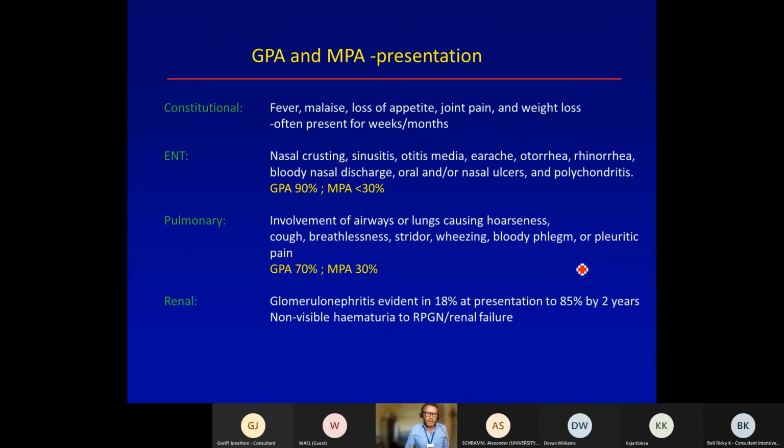It's worth just talking about how these conditions present, because understanding how these patients will present will help you make the diagnosis. One of the most important features is these background constitutional symptoms. The vast majority of patients we see with ANCA-associated vasculitis in retrospect have been unwell for weeks, probably months, before the diagnosis is actually made. The problem is those symptoms are very vague and non-specific. They may just generally feel under the weather, lose their appetite, have vague joint pains, muscle pains.